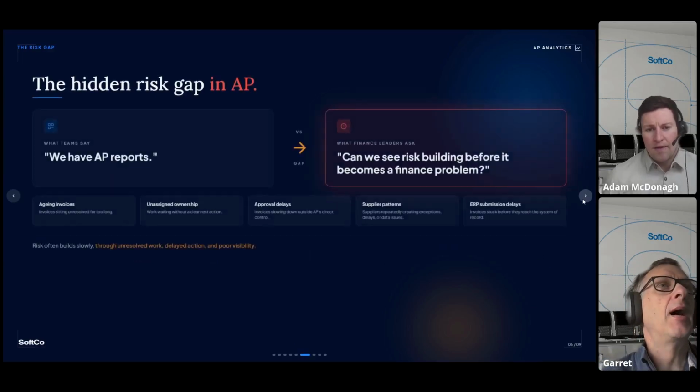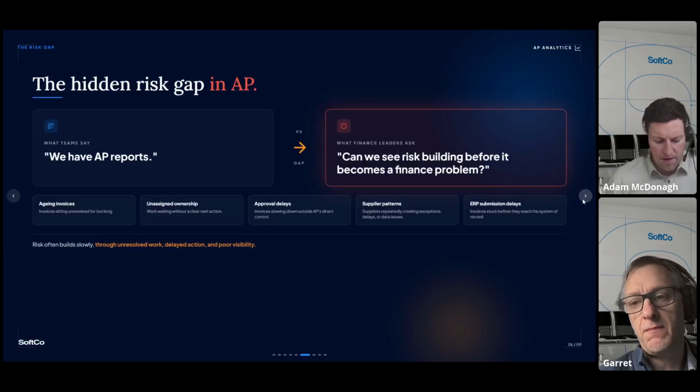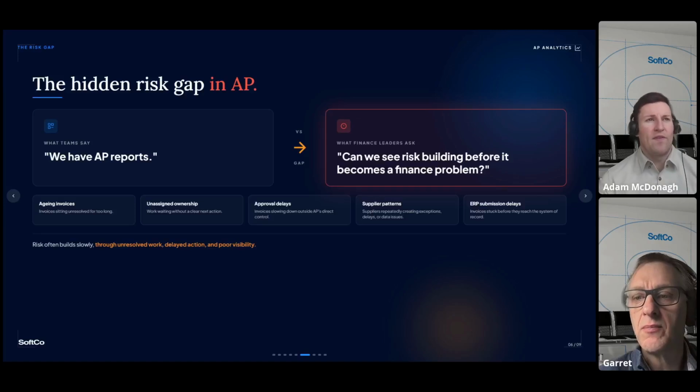Yeah, I think the next thing, Garret, and we've alluded to this already, is that teams, with manual intervention and processes in place, and again with limited reports and insights, are still being highly reactive.